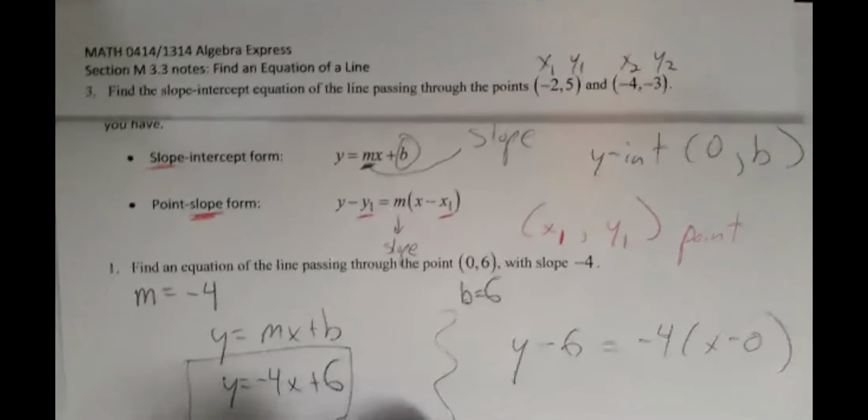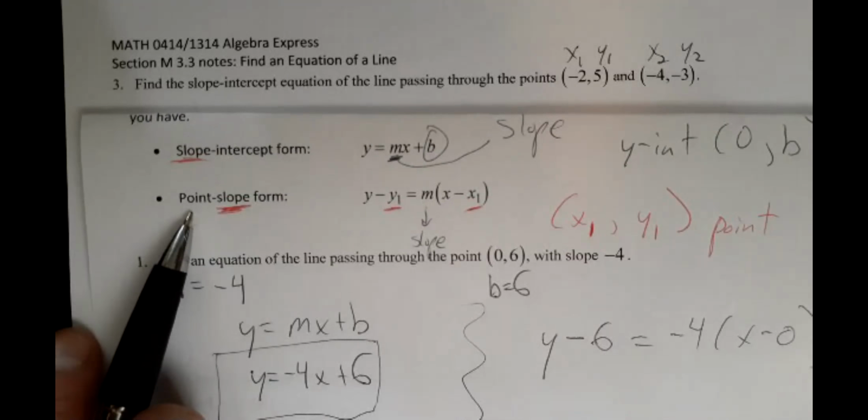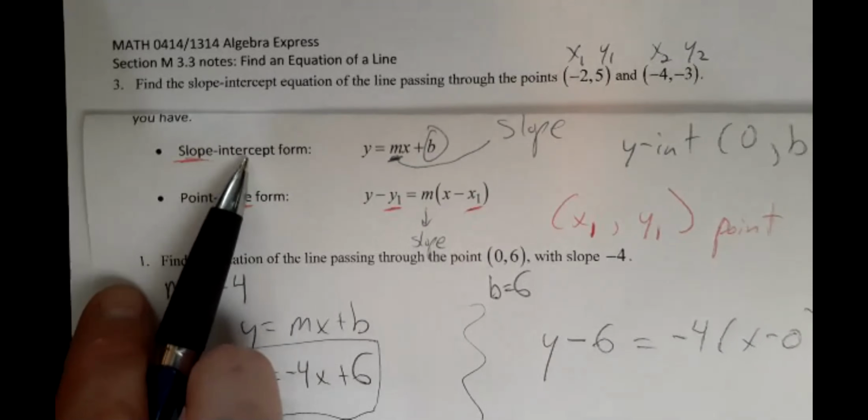They give us points, so we can definitely plug it into point slope. They don't give us an intercept, so I don't think we're plugging it into this thing. So we're plugging it into point slope.